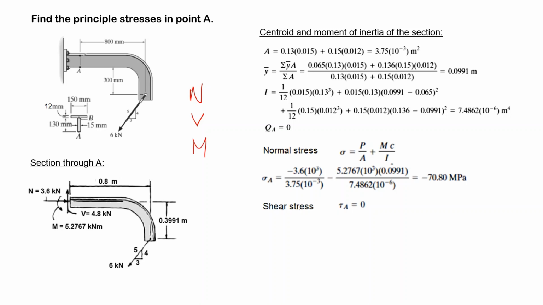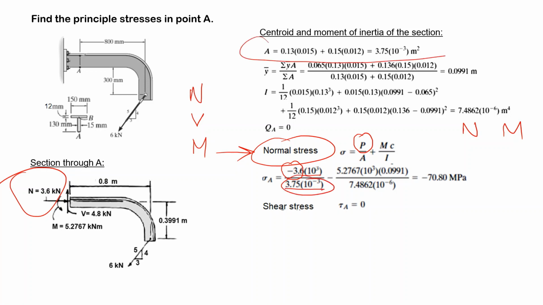So the normal stress is created by normal forces and bending moments. So in point A, let's calculate the normal stress. We have a compression over here. That's minus 3.6, that is in kilonewtons, divided by the area of the section which we have calculated beforehand. And what about the bending? M, the bending moment, is, let's say, acting like this.